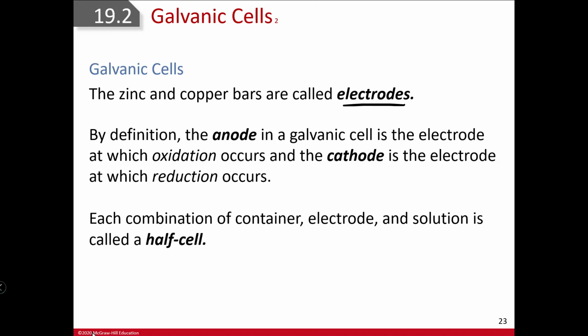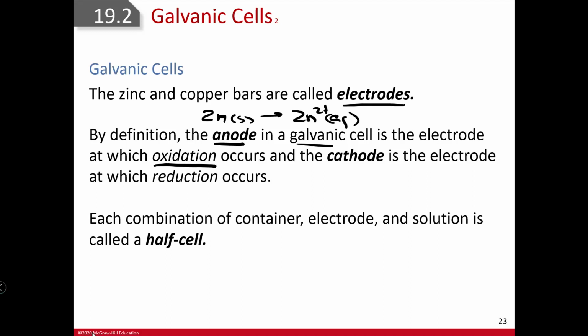So by definition, on a galvanic cell, the anode is where oxidation occurs. You must know that. On a galvanic cell, the anode is where the oxidation occurs. So what's going on there for the anode is the zinc solid goes to zinc 2 positive aqueous. And so it's being oxidized.